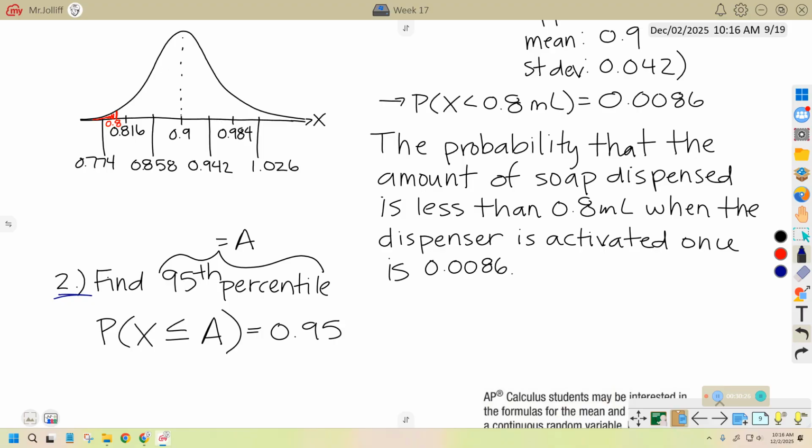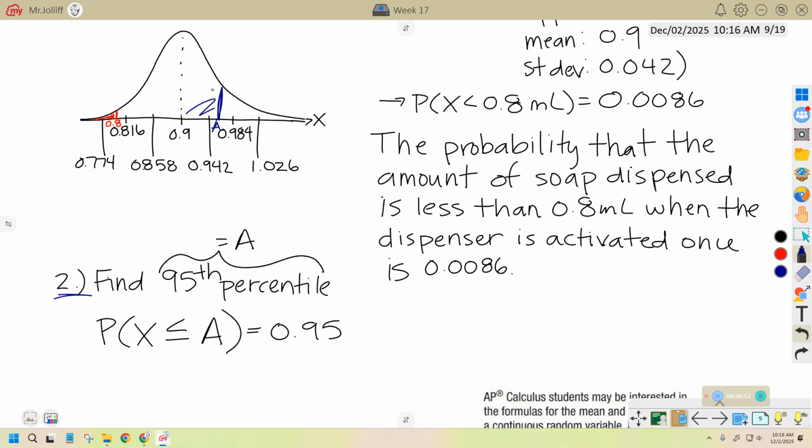I know my 95th percentile should be a little bit less than the second standard deviation marker, because second standard deviation to second standard deviation is 95. I want 95 less than or equal. So I suspect I'm somewhere in this area. I don't know exactly where, but I suspect A is sitting there.